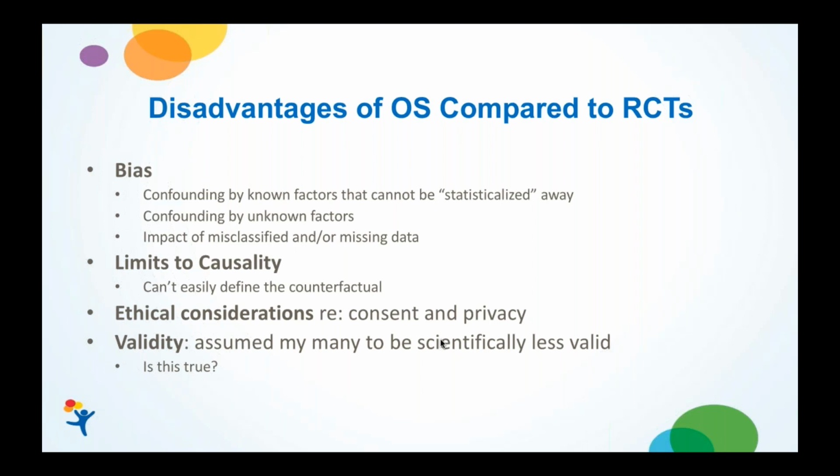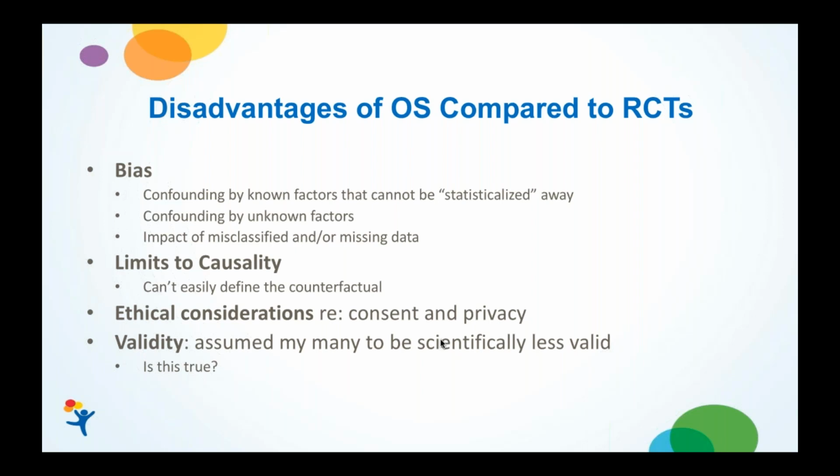And then, you know, this issue of validity, right? So this gets back to the limits of causality. So people call RCTs the gold standard, and so many scientists, I think, assume that scientific validity in terms of assigning causality is much more rigorous and easily attributable in an RCT than in an observational study. But what I thought was interesting about these articles is that there was some degree of argument about maybe this actually isn't the case.